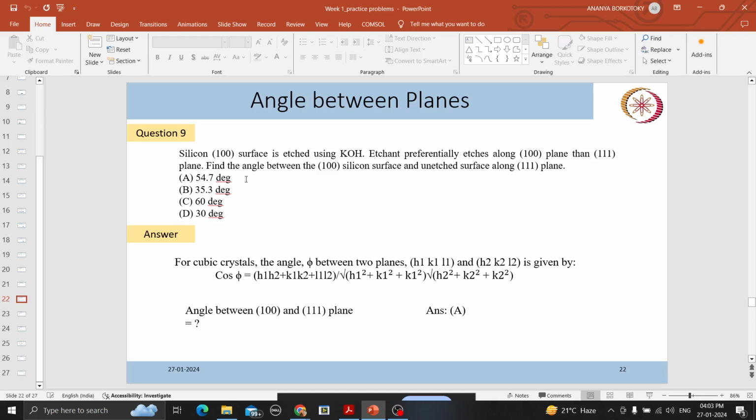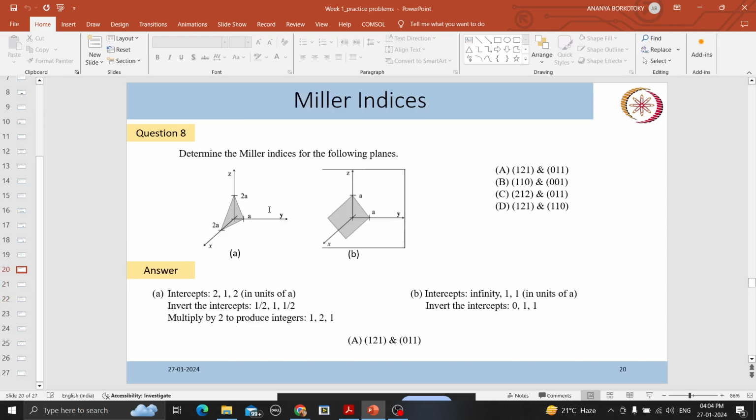So etch rate in silicon for the 100 plane is more compared to the 111 plane. Is it due to atomic density along that plane? Higher in 100 than 111? Yes. So the atomic density in the plane, that is what I mentioned earlier, like why we consider these Miller indices in different planes.